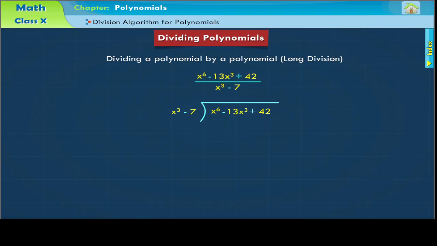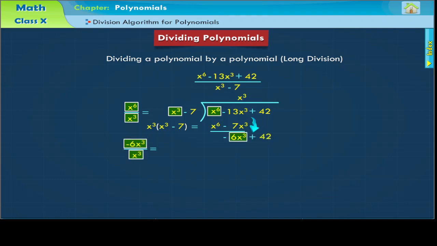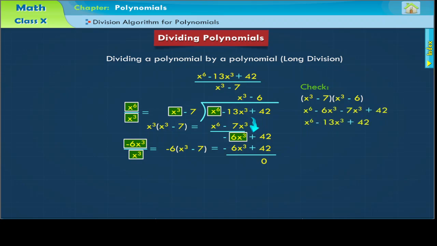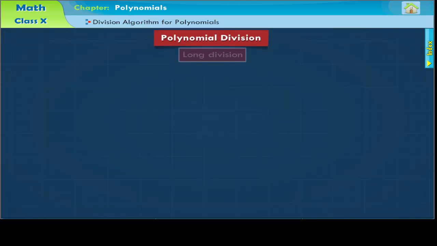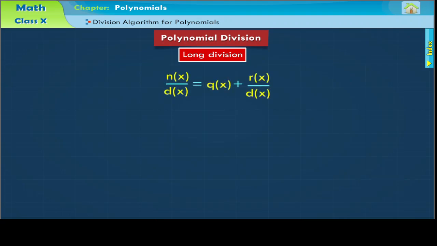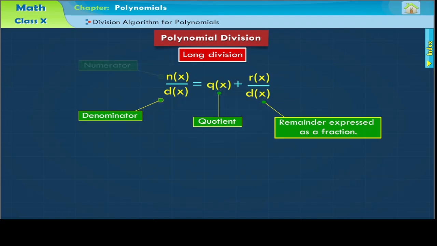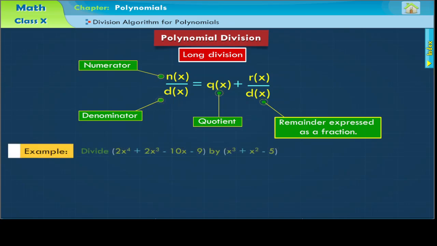Let's observe the following. Polynomial division. Let's observe the following examples.